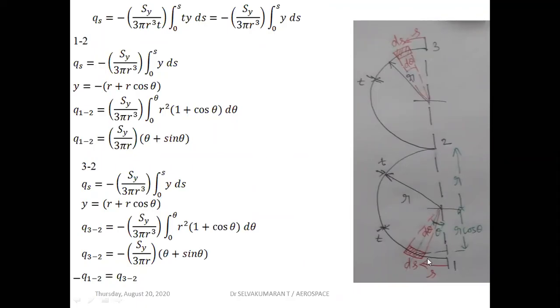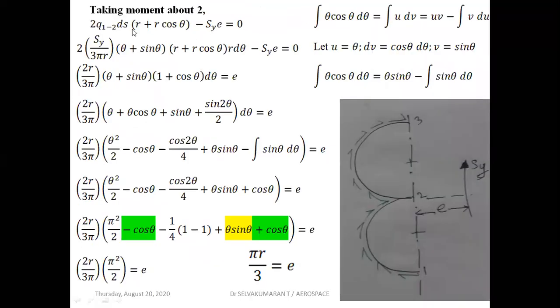Q1 to 2 is the shear flow for section 1 to 2, so Q1 to 2 into ds becomes a shear force multiplied by this perpendicular distance r plus r cos theta. Clockwise positive, minus Sy into E. This Sy gives anti-clockwise moment with respect to 2. So Sy into E.